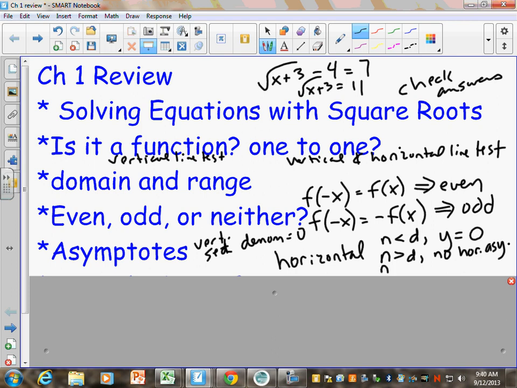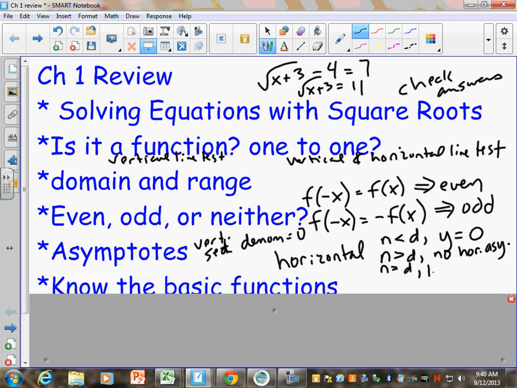If the numerator degree is equal to the denominator degree, you take the leading coefficients over each other. We spent a few days on that. We did a worksheet where you had to graph and tell me the horizontal and vertical asymptotes. Knowing how to do those is really important.